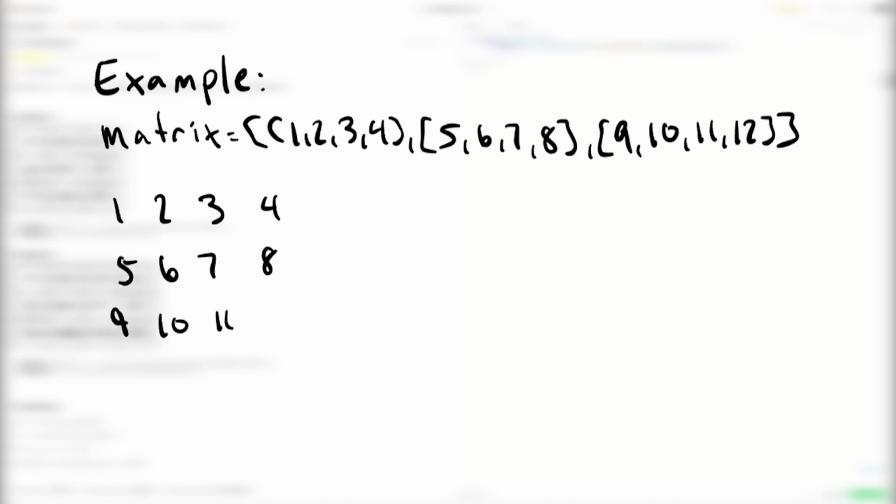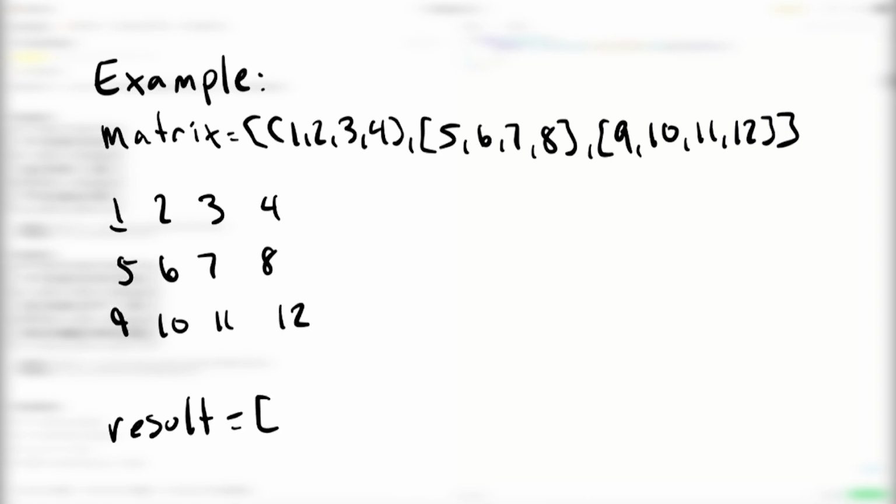The next example is a little bit larger. We're going to have a matrix equal to 1, 2, 3, 4, 5, 6, 7, 8, 9, 10, 11, 12. So once again, let's turn this into a matrix. We have 1, 2, 3, 4 across the top, 5, 6, 7, 8 in the middle, and then 9, 10, 11, 12. So our result, once again, will be a new array.